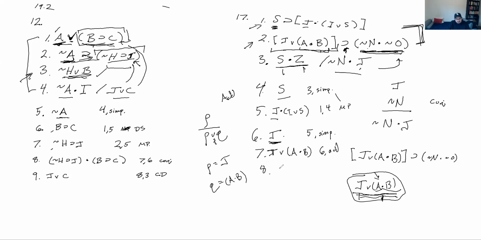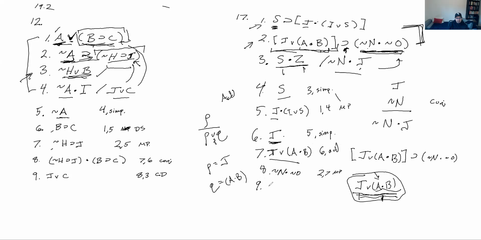From there, now we have our antecedent. This is the same thing as this. So we can write as our consequent not N and not O. From 2, 7, modus ponens.